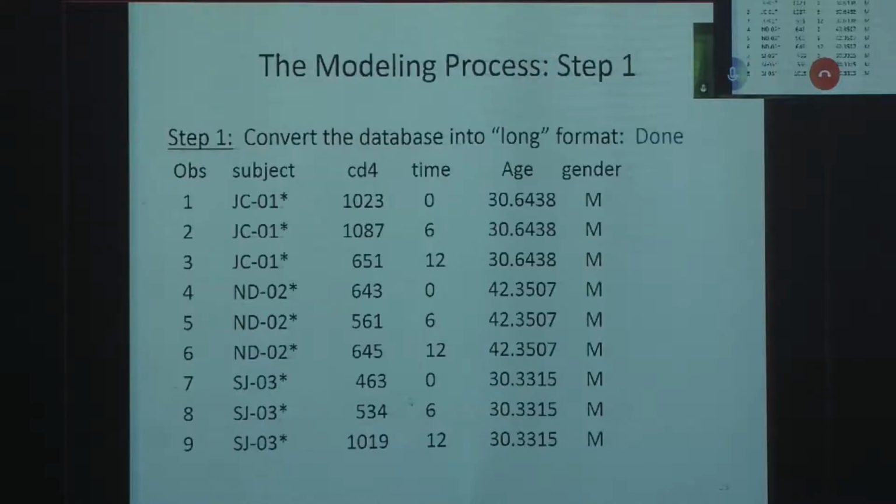Those are actually the only two things you need to do to run a longitudinal regression model. Set up the database this way so that there's a variable that tells the software which measurements are correlated. These three are, these three are, these three are, but these CD4 counts are independent of those three, because they're from different subjects.